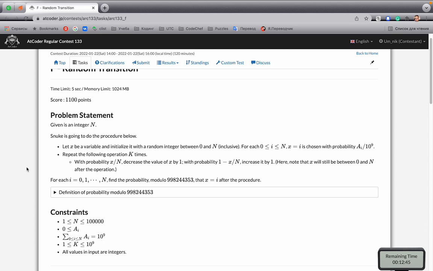We can have from 0 to n inclusive integer amount of money. For each value we are given a starting probability, and then k times we will gamble, and if we have x money, then with probability x divided by n, x is decreased by 1, with probability 1 minus x divided by n, it is increased by 1.